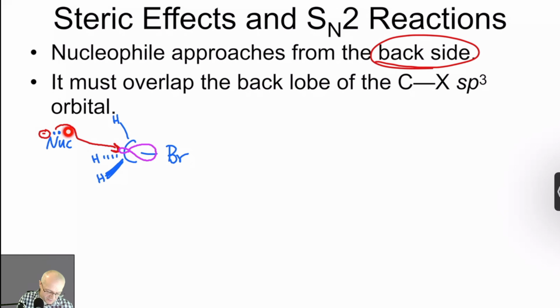So anything that prevents the nucleophile from coming into the backside will slow this approach down. Okay? Imagine, if you will, well, we'll get to it in a second. So let's do primary.